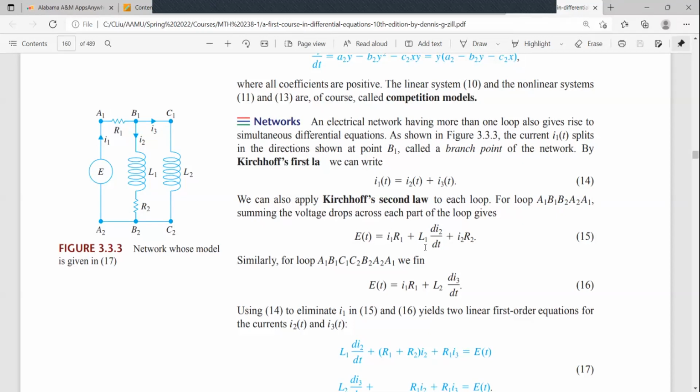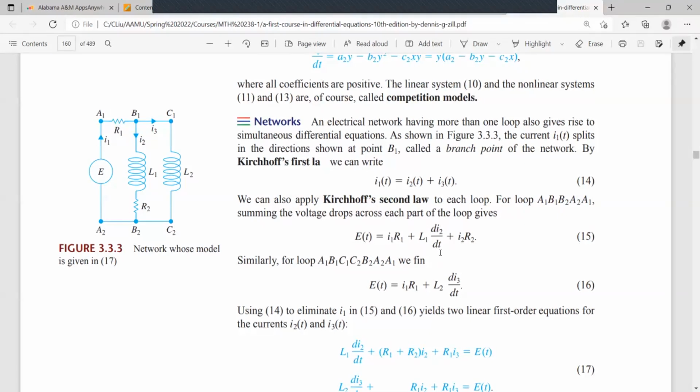Then you consider the voltage drop in the inductor. That will be L1 dI2/dt, where L1 is the inductance of the inductor and I2 is the current flowing into this branch.